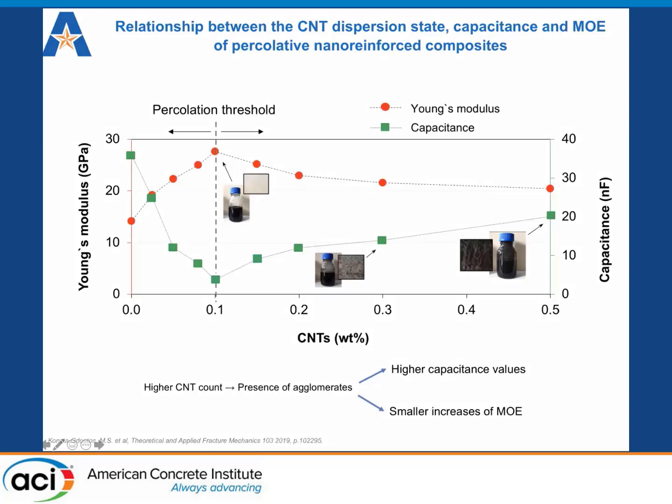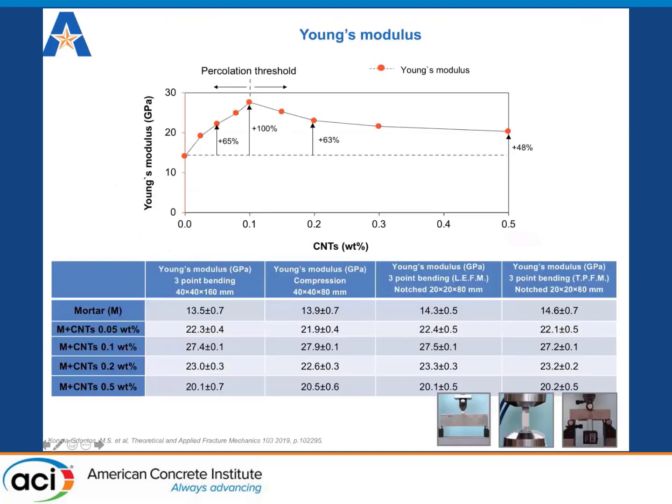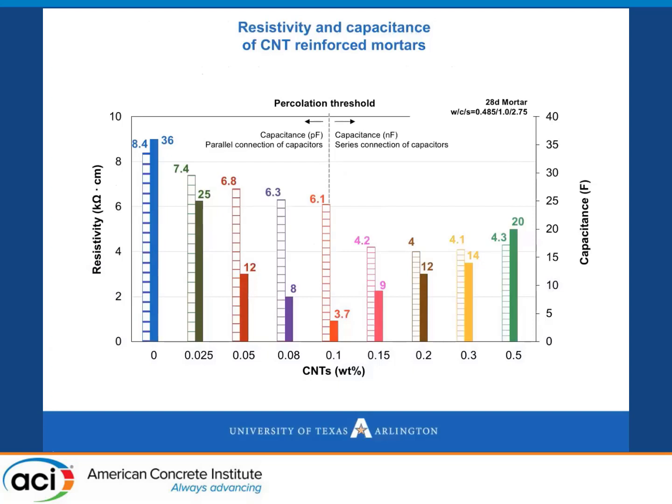But because these lowest values of the capacitance were measured right in the area where the percolation threshold was defined, it is interesting to observe that the 0.1 per weight of cement mortar exhibits a low resistivity, but not the lowest. The lowest resistivity is observed in the 0.15% mortar.